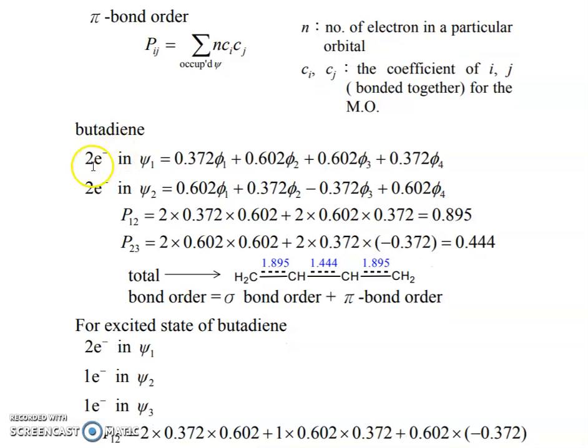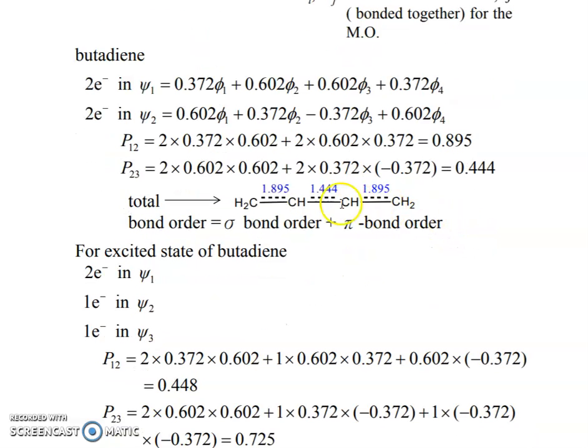So for butadiene, 2 electrons in psi 1 and 2 electrons in psi 2. So these are the expressions you can see. And the P12 and P23 expressions are like that. So total you can see 1.895. All bonds are not the same. You can see this one is 1.444.